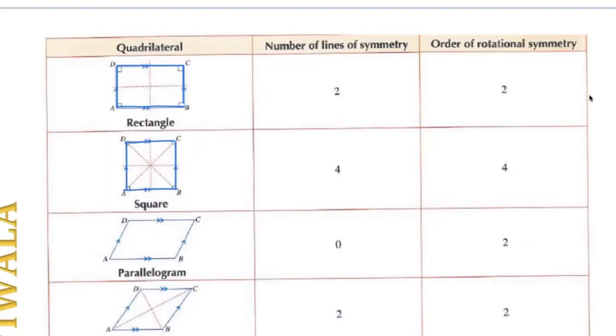Because if you rotate the square 90 degree, you're going to get this shape, so it does map the outline. 180 degree, again you get the same shape. 270 degree, you get the same shape, and 360 degree, you get the same shape again. So a square has rotational symmetry of order 4.